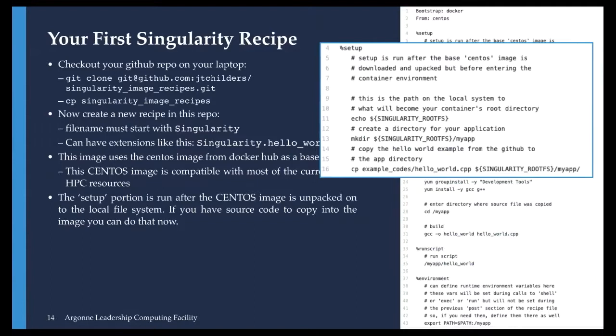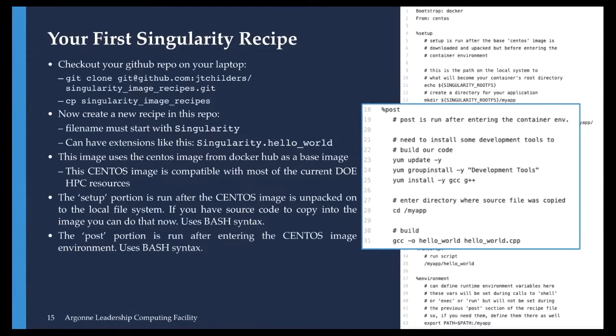It's an easy way to move codes in. In this case, I'm copying in this example hello world.cpp file, and all you have to know is that the environment variable SINGULARITY_ROOTFS points at the base directory of the CentOS image file system. Okay, so this is run before you enter the container.